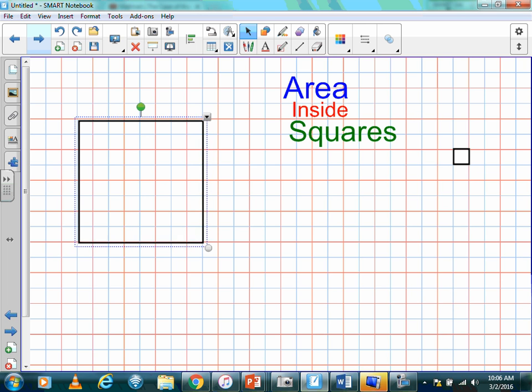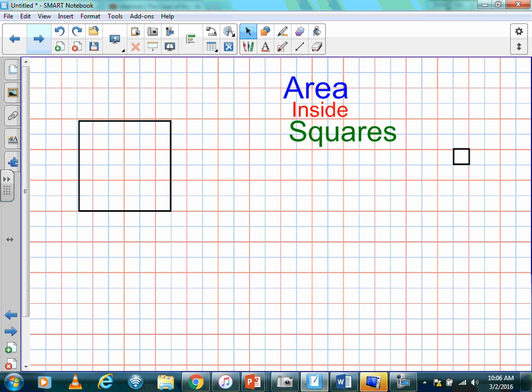I think I made them too big. Look, kids. There's 6 going down, 2, 4, 6. And down here there's 6, 2, 4, 6. So basically, this is just like we did before.